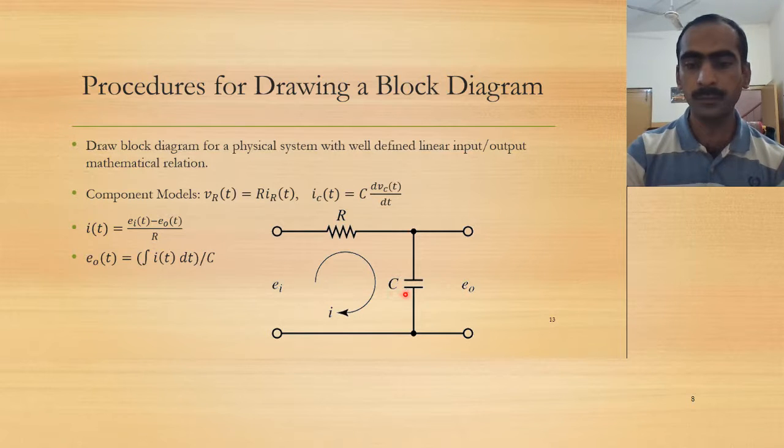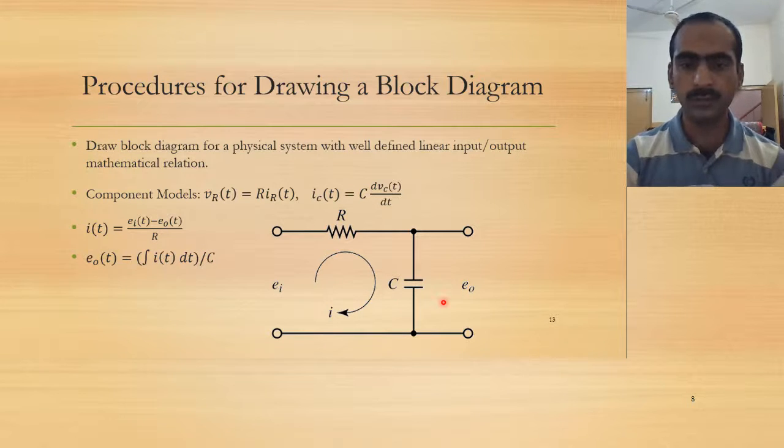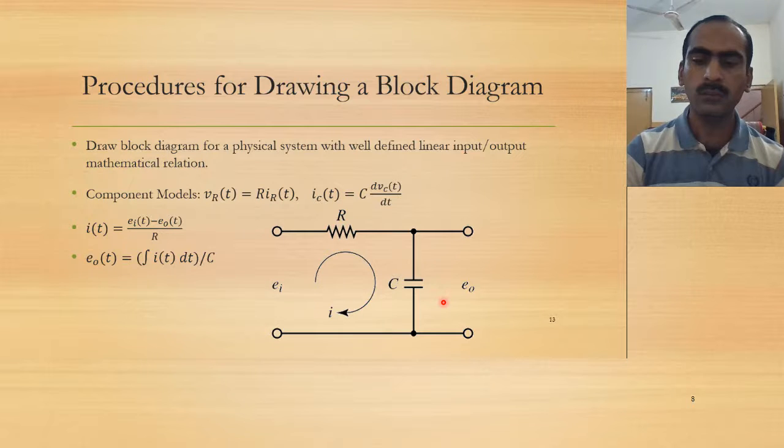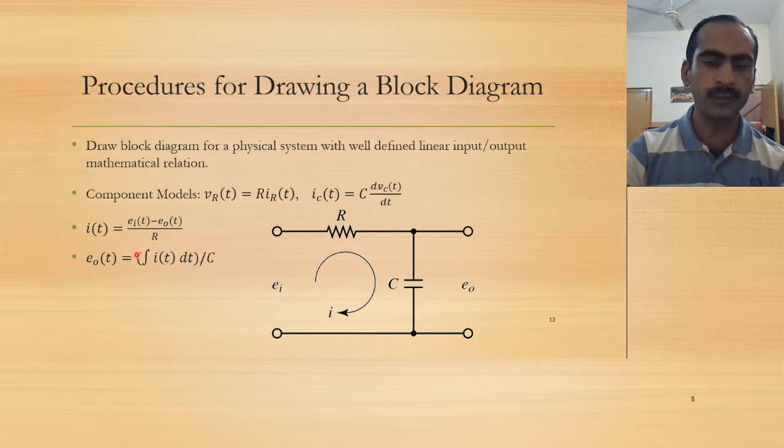Then how do we evaluate E naught(t) as a function of current? We will use the capacitor equation. We note that the capacitor voltage here is the output voltage of the circuit. If I rearrange, move dt here and 1 over C here, and integrate on both sides, I get E naught is the integral of I(t) divided by the capacitance.